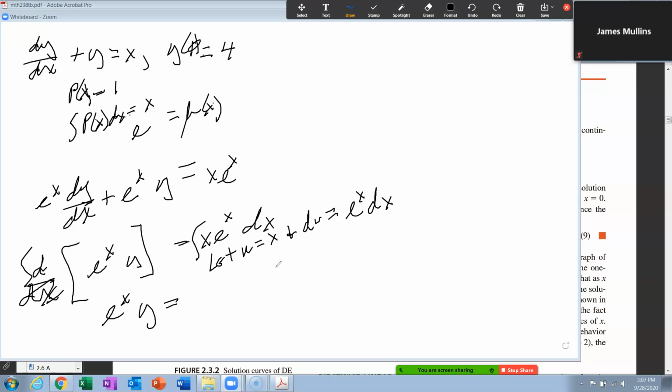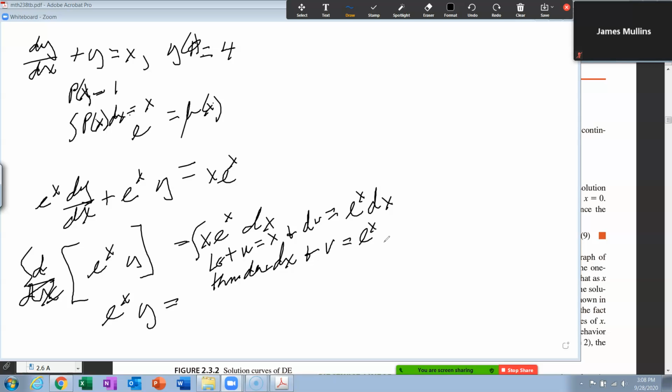But anyway, integration by parts, then du is equal to dx, which is fine, that's what we've got. And we're going to integrate both of these. V is equal to e to the x. Okay?